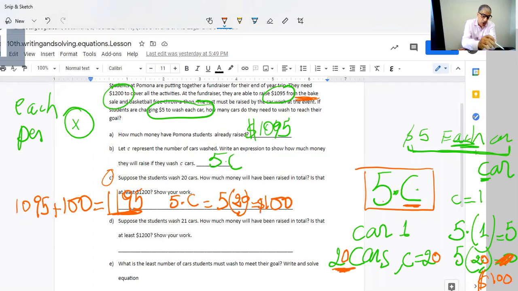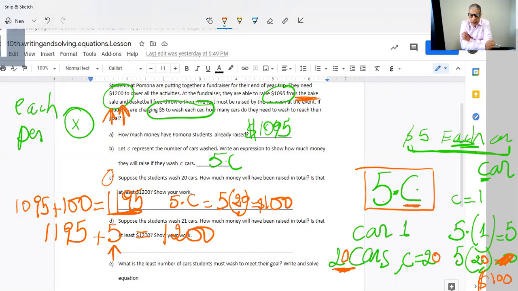Is that enough? No, because they want to make $1,200. So if they made 1,195, how much more do they need to make $1,200? They need $5 more, because 1,095 plus 5 gives you $1,200. So all they need is to make another $5.